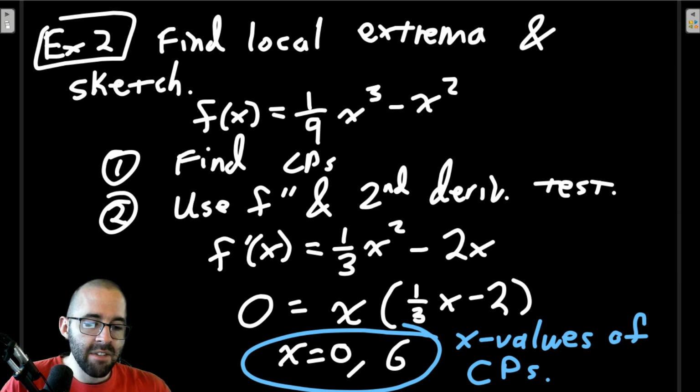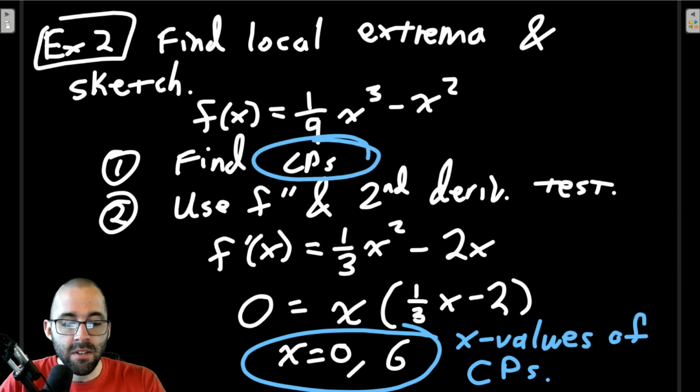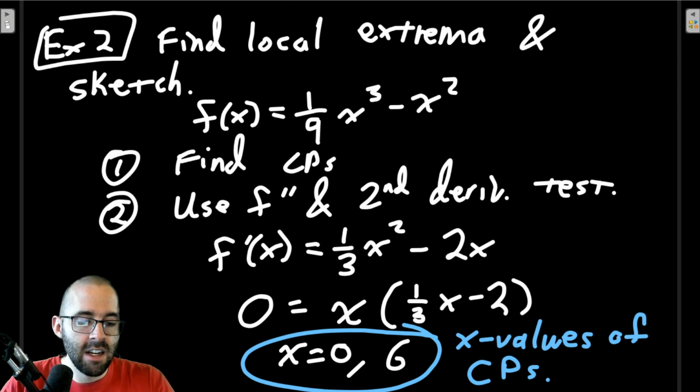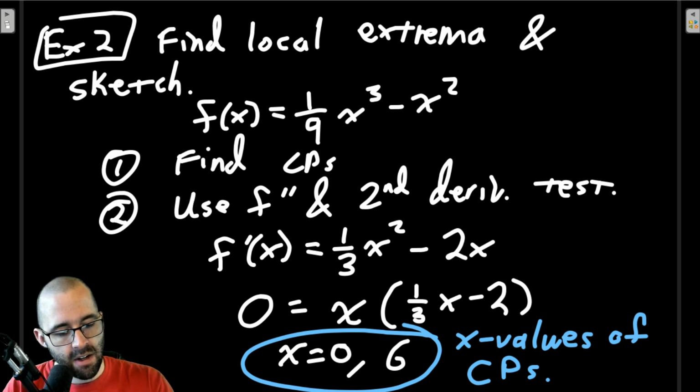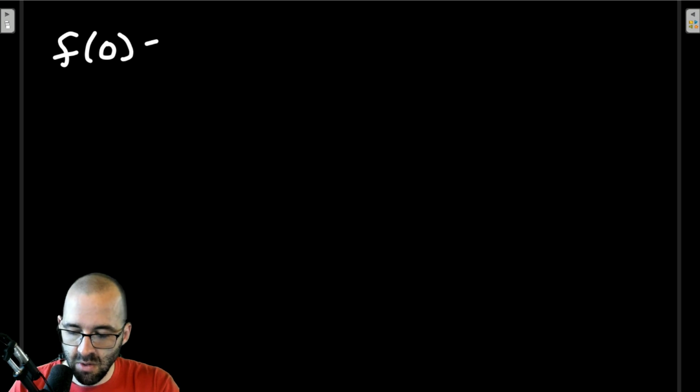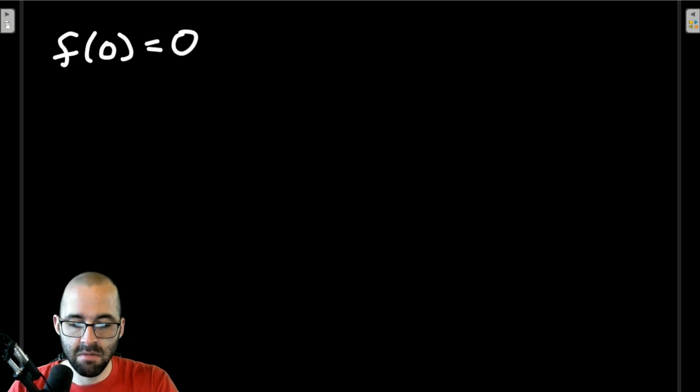Next, we need to find the y values, because critical points are points, believe it or not. We need to find the y values of these critical points, and then we'll classify them with the second derivative test. So with 0 and 6, let's find these y values. When x is equal to 0, the function is 0 cubed minus 0, which is 0.